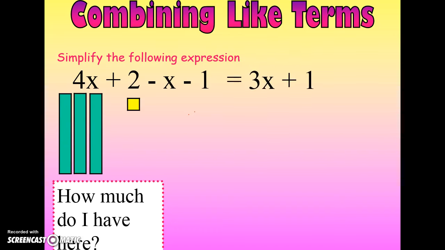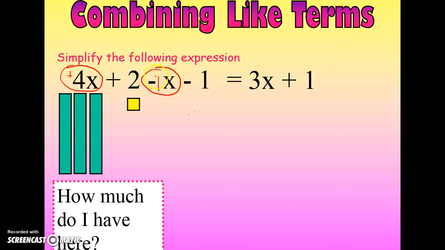And I just want to show you quick, we could also have just used our rules for adding and subtracting signed numbers. So let's combine like terms. Circle the sign that goes with the number. So that's a positive 4x. That's a minus x. Now, if you see this minus x, that means minus 1x, right?